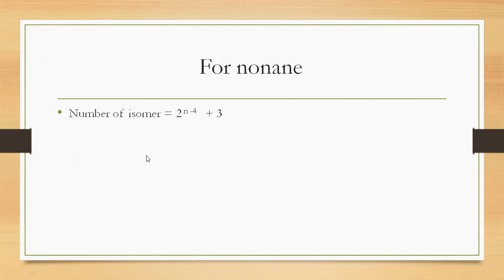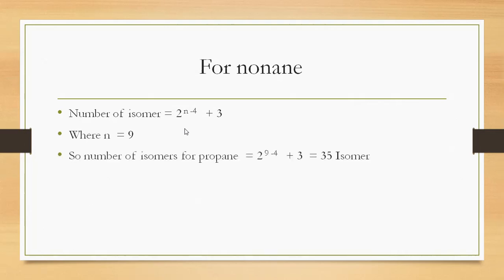So remember this properly. Don't get confused. In nonane, n equal to 9. So 2 to the power 9 minus 4 plus 3, which is 2 to the power 5 plus 3. 2 to the power 5 is 32, and 32 plus 3 is 35 isomers possible for nonane.